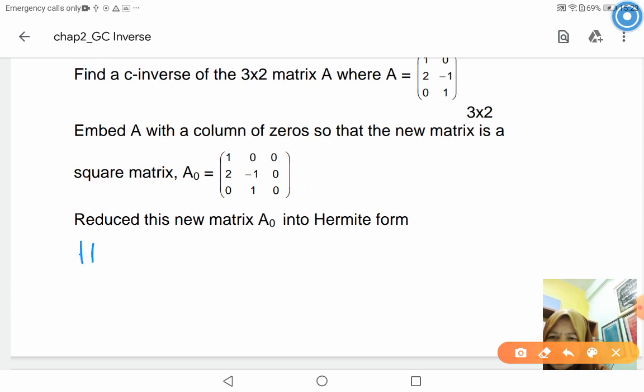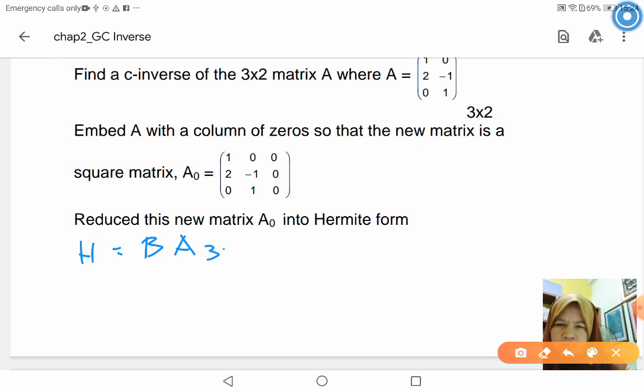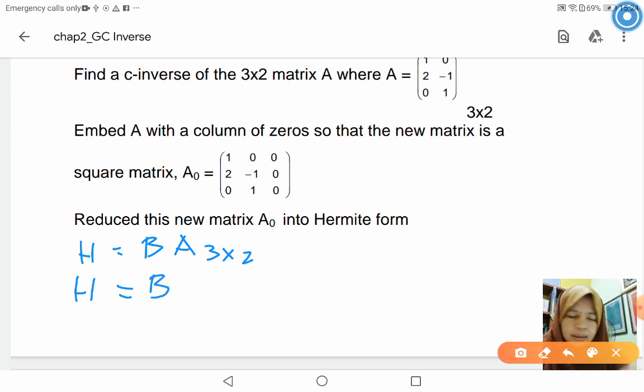So H equals B times A, 3 times 2. So H equals B, 3 times 3, and A, 3 times 2.